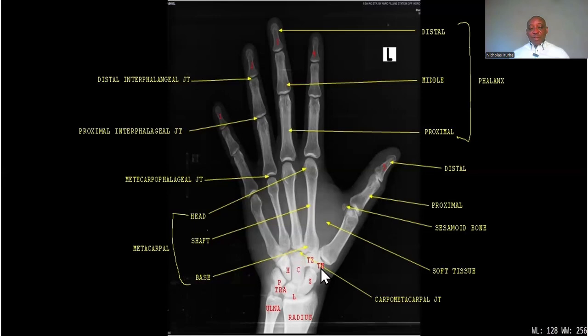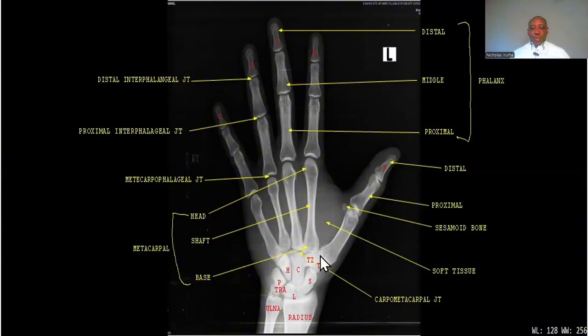The distal row is formed by the trapezium, trapezoid, capitate, and the hamate. The capitate is the largest bone of all the carpal bones, and the trapezium forms the joint at the base of the thumb, with the metacarpal of the thumb.